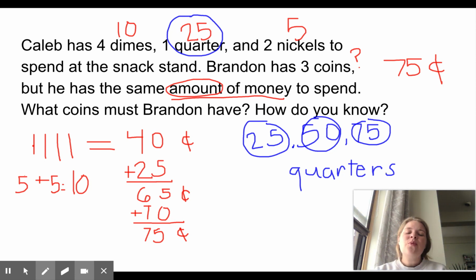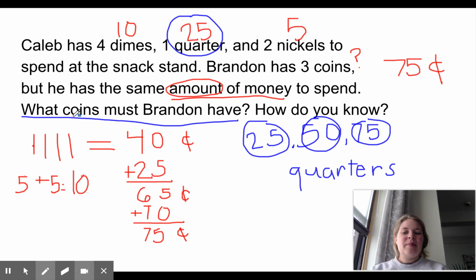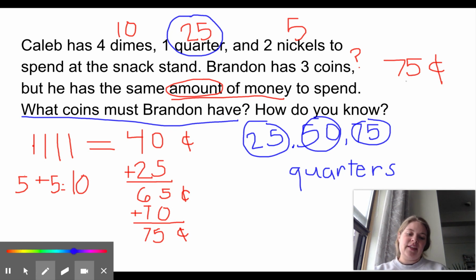When we're looking at your work, we're noticing a lot of friends are doing the math and doing a great job, but then answering a different question. Make sure that you are answering the question. Brandon must have quarters, and the way that we know is that 3 quarters are the only amount of coins that could equal 75 cents. Good work.